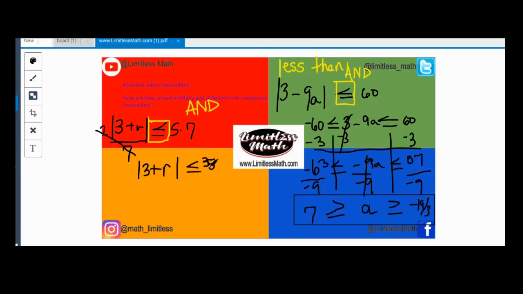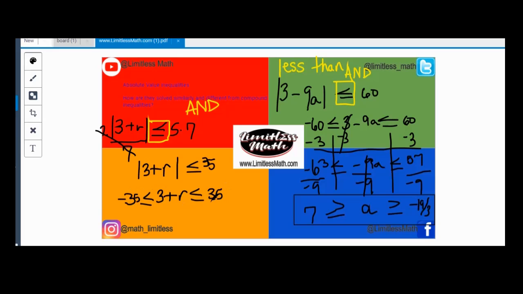Now that it's isolated, I can continue on with what I know about the and type of compound inequalities. So I can rewrite this as an and type of problem. It's less than or equal to 35, but it's greater than or equal to negative 35.